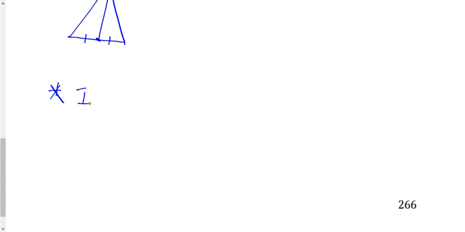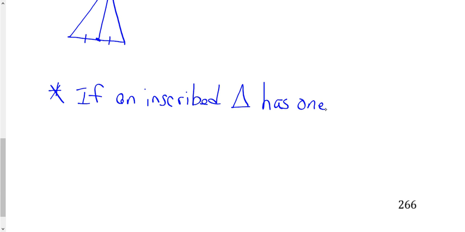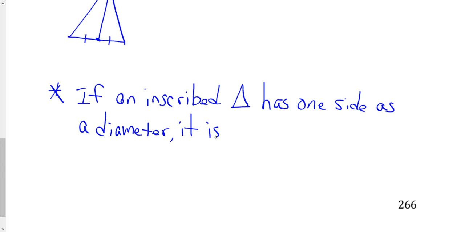If an inscribed triangle, and you know what inscribed means already, has one side as a diameter of the circle it's inscribed in, it is a right triangle.